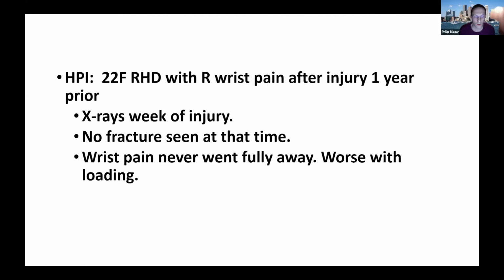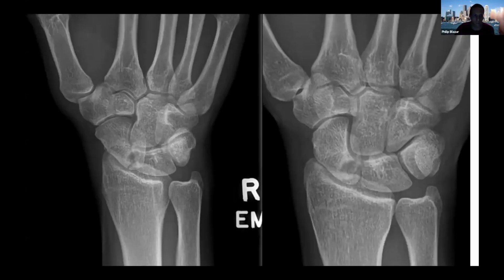She had x-rays initially, which were not showing a fracture, but her wrist never got better and it was worse with loading. Next. And here are the x-rays when she presented to me at a year, clearly with a fairly proximal injury without evidence of union. Next.